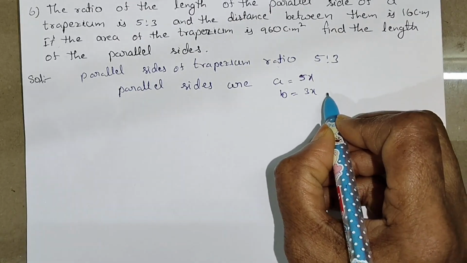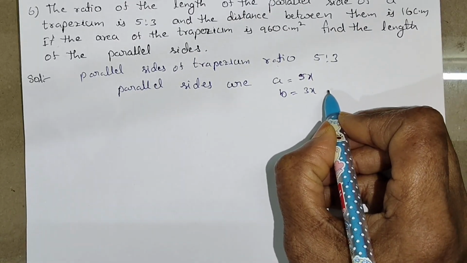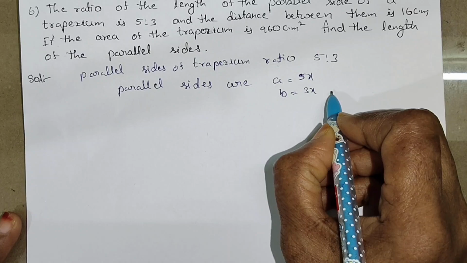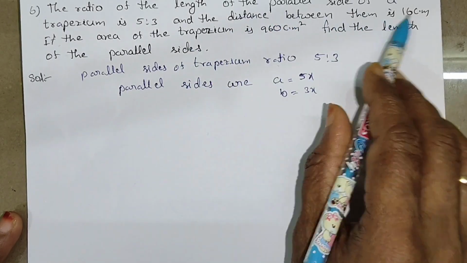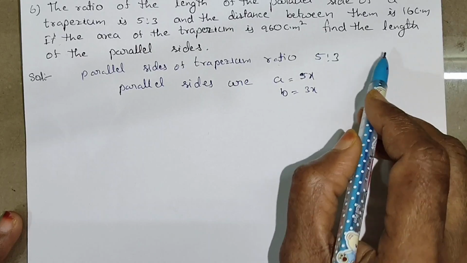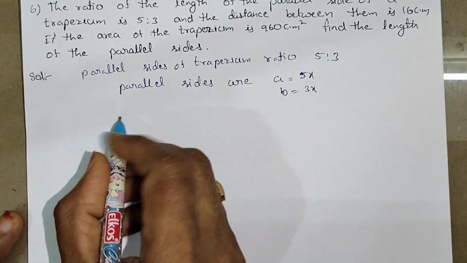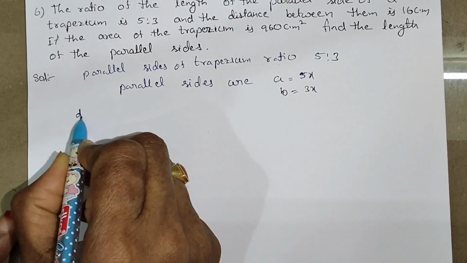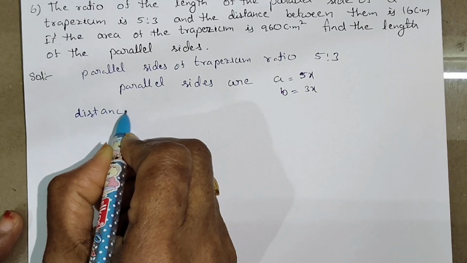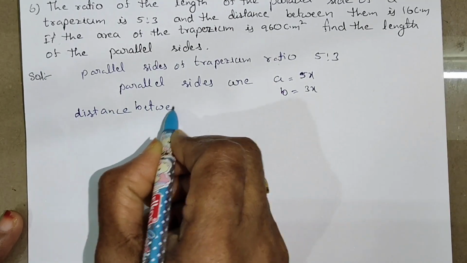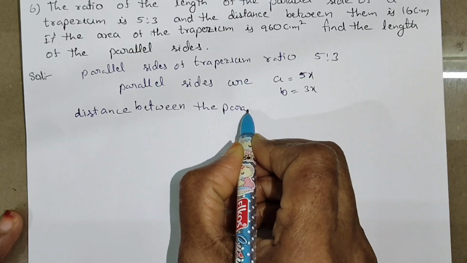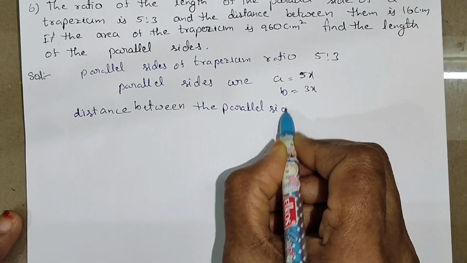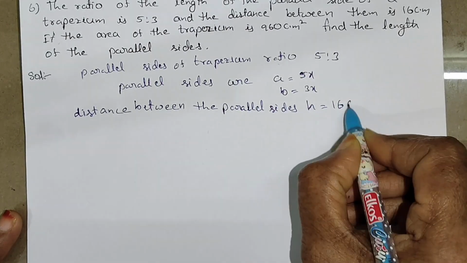These two are the parallel sides of a trapezium. Now here the distance between them is 16 centimeters. So we write that one. Here distance between the parallel sides, h is equal to 16 centimeters.